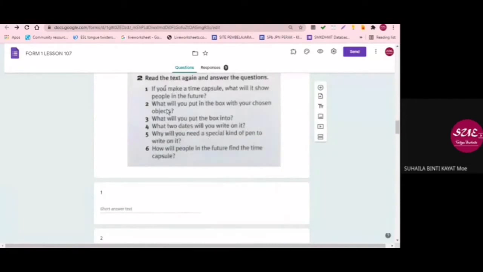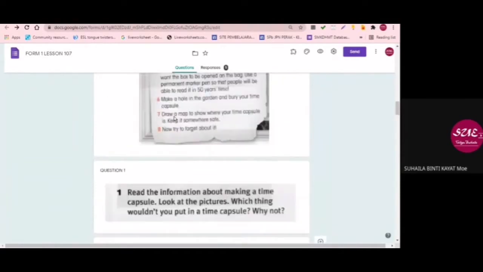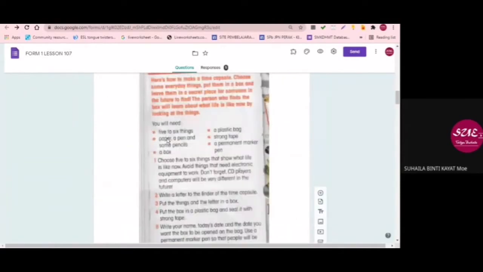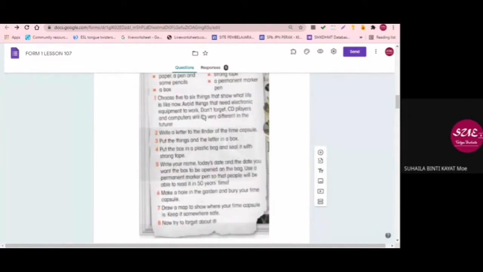Okay, next one. Next question. What will you put in the box with your chosen objects? What will you put in the box with the chosen object? Okay, kita tengok. What will you put in the box with the chosen object? Okay, kita baca. Okay, the answer is a letter. Put the things and letter in a box.